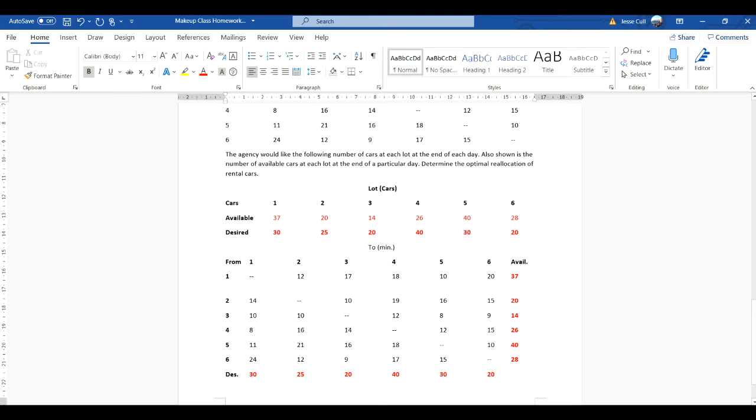So our actual supply in lot 1 is 7 cars. In lot 2 we have 25 desired, but only 20 are available. So it's 0 demanded, 7 supplied for lot 1.